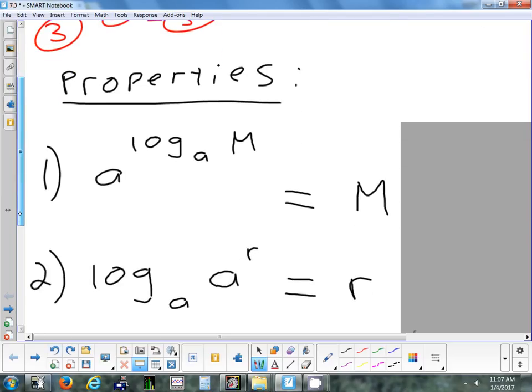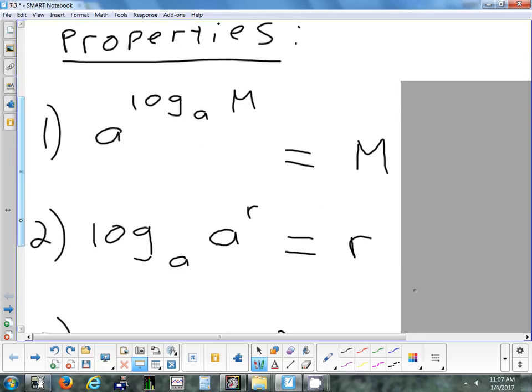Second one. It's another special pattern, but this time it's a little different. The first one had a log in the exponent. This one doesn't. An example for number 2 might look something like this: log base 4 of 4 to, and then pick a different number, 12. If these two numbers match, it's kind of the same idea as the last one.